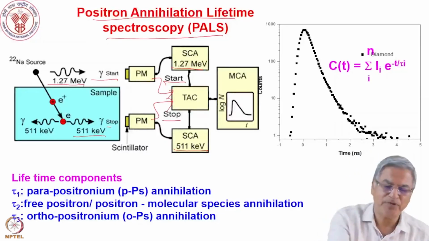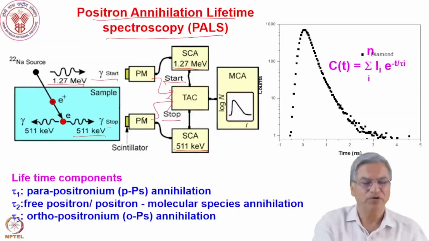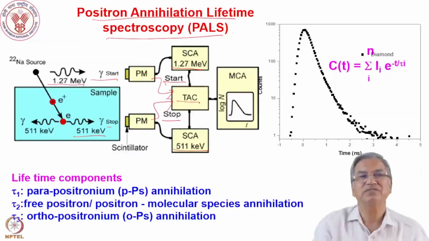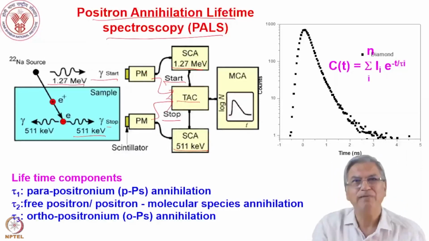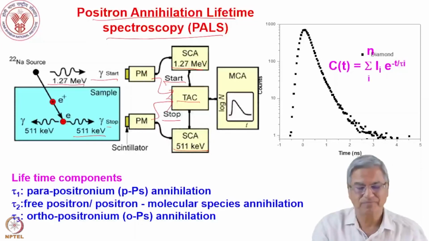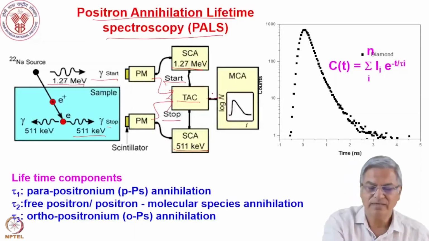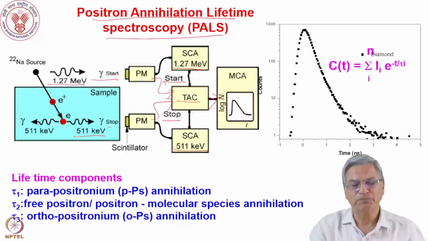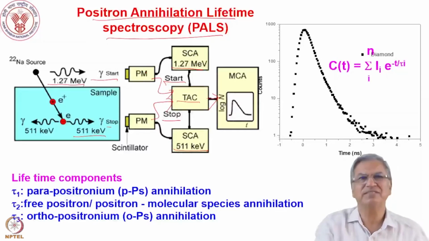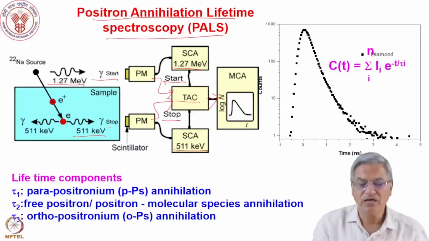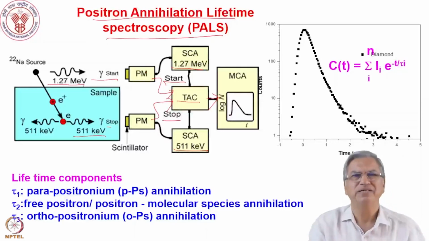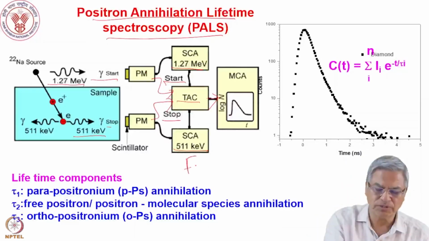So the time gap between these two detectors for an event is converted into a voltage signal by this unit called the time to amplitude converter, TAC. And the TAC output is an analog output, which gives you the time spectrum. The x-axis is the time and the y-axis is the counts. So this kind of coincidence setup is called the fast-slow coincidence setup.